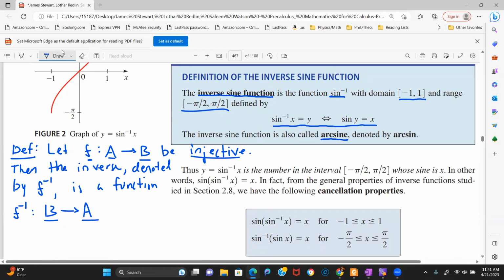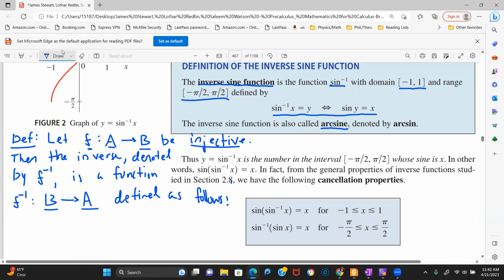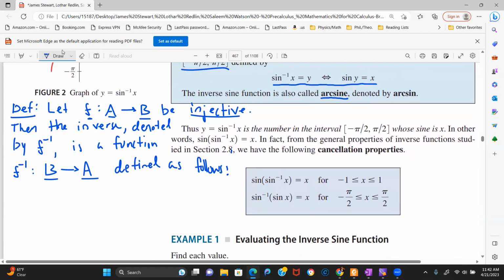You swap the domain and the codomain, or domain and the range. So then the inverse denoted by f to the -1 is a function from B to A, defined as follows. So you say that f inverse of x is equal to y if and only if x is equal to f of y.